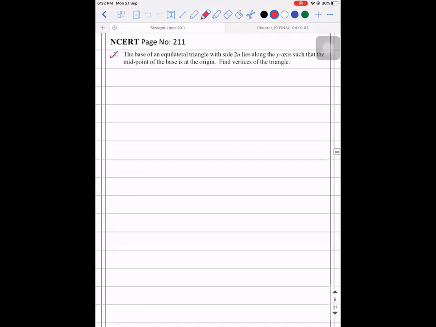So there's a good problem. The base of an equilateral triangle with side 2a lies along the y-axis such that the midpoint of the base is the origin. Find the vertices of the triangle. You have the y-axis and x-axis. What are they saying?